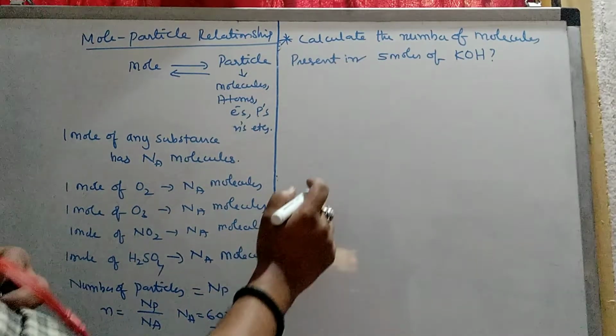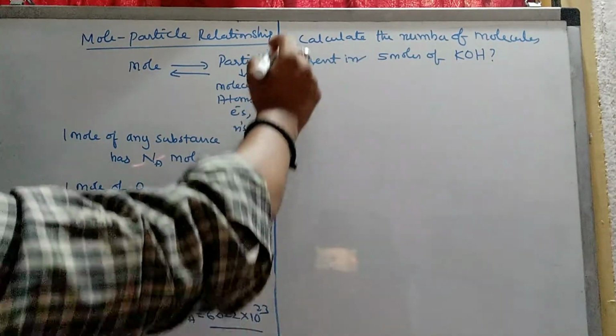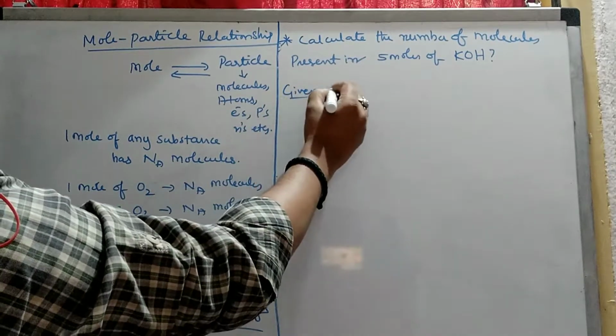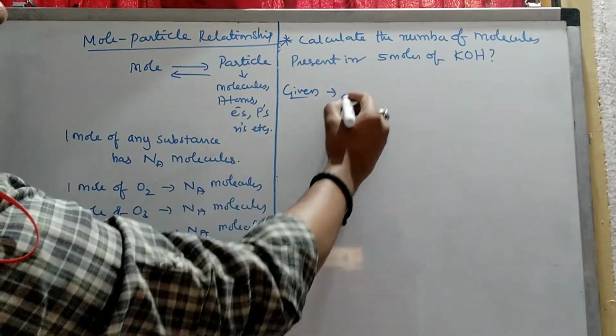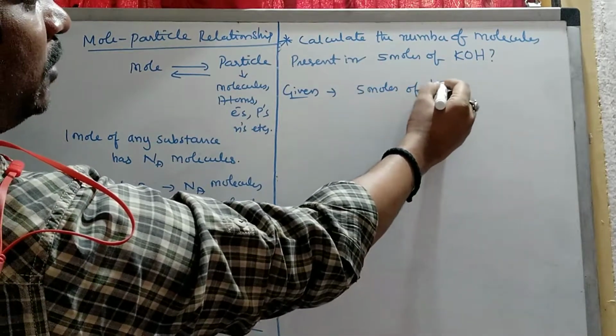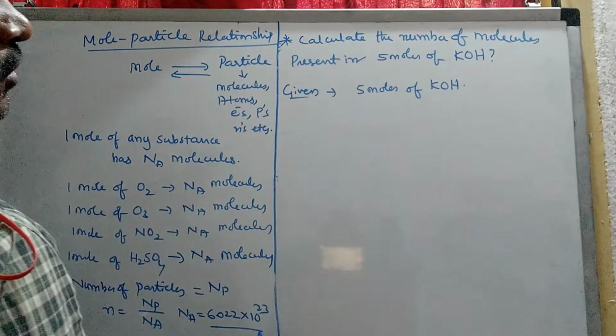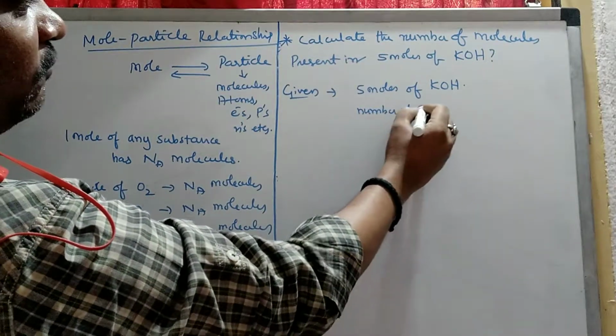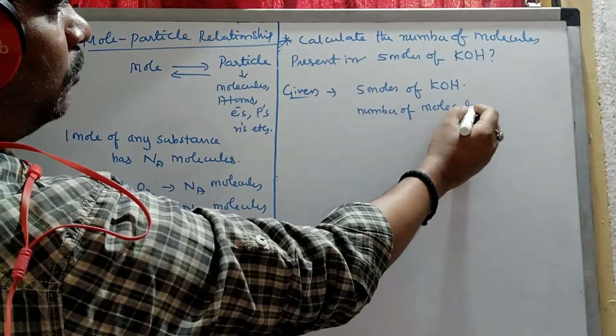That is the question asked. So how can we do this? First write given. What is given? 5 moles of KOH. What do you have to find? Number of molecules.